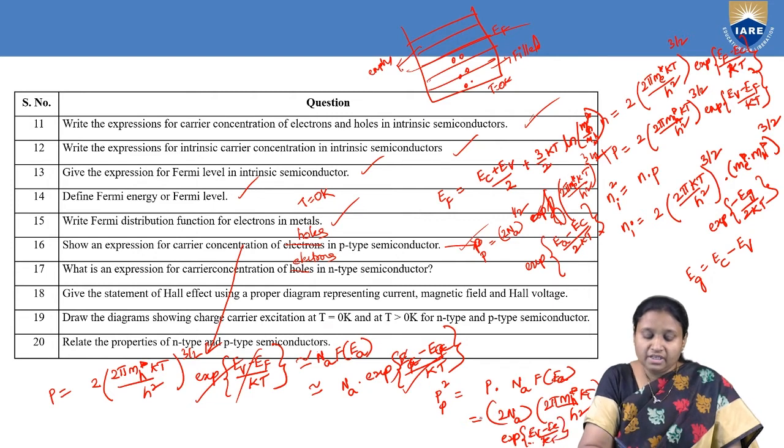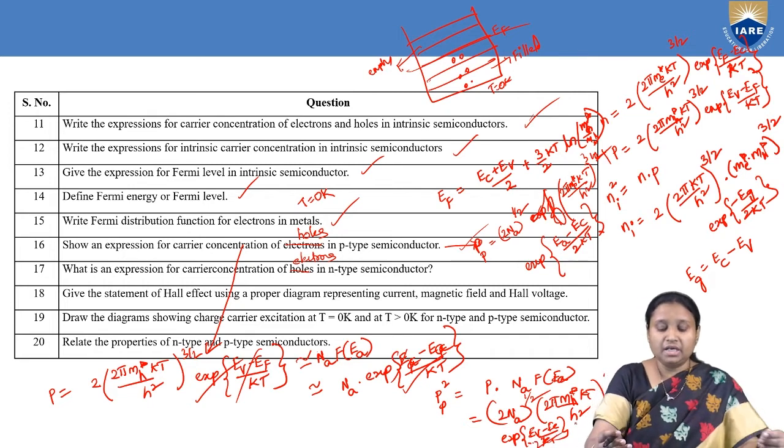And if we take the square root, we end up having (2Na)^(1/2), and the power 3/2 will become 3/4, and this will become (EV − EA)/2kT.